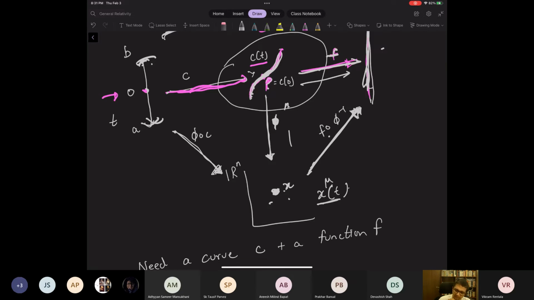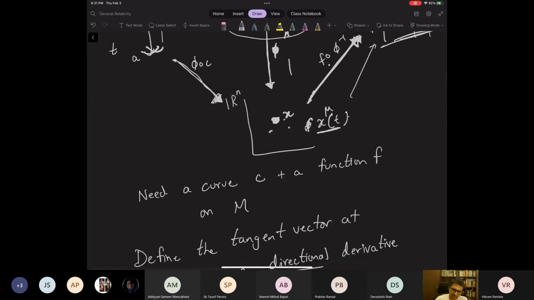And now from coordinates of the points on this curve, I want real numbers. So that is f of x mu of t. This is just a shorthand way of writing it. So this f is a function of where I am on this curve, and t parameterizes where I am on the curve.